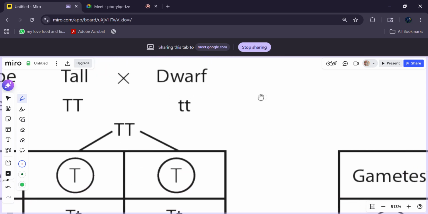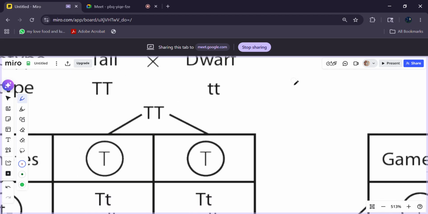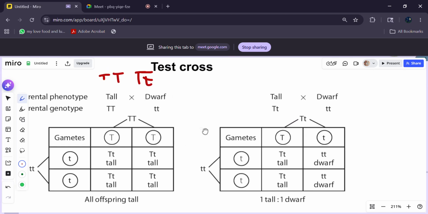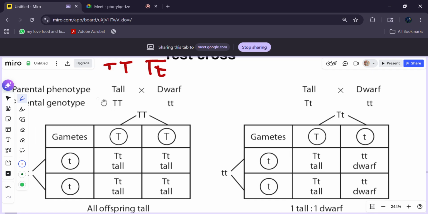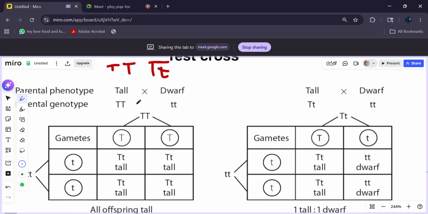If the plant is homozygous dominant, the offspring will be tall. If the plant is heterozygous, the offspring will be in the ratio 1 tall to 1 dwarf, or a dwarf offspring will appear, as you can see shown in the Punnett square. If the homozygous dominant plant were to combine with a dwarf, all the children will be tall.